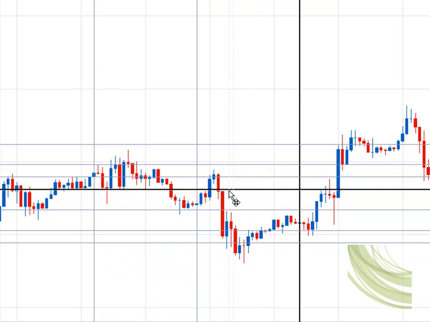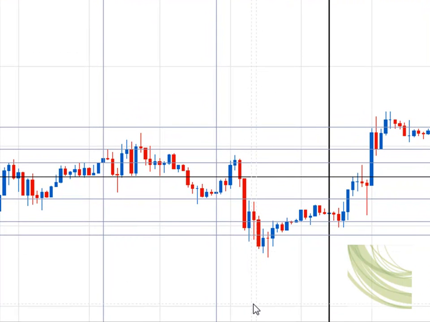So this is the pivot point. Above it will be the M3, R1, M4, and so on. So now we have plotted all the pivot levels, and now I'm going to show you how to use these pivot levels in your trading.